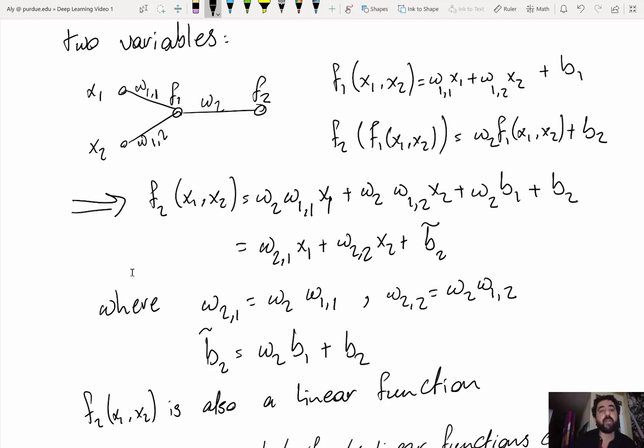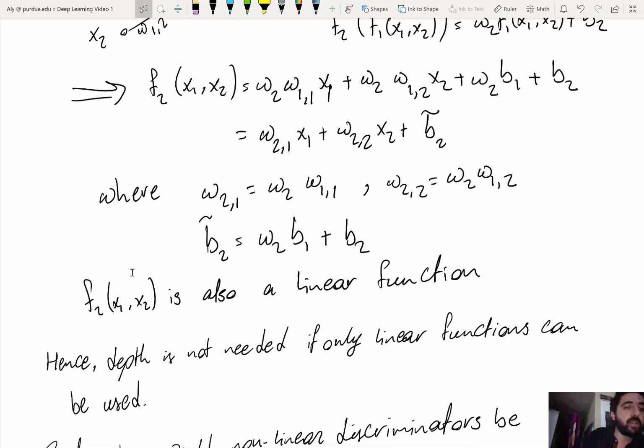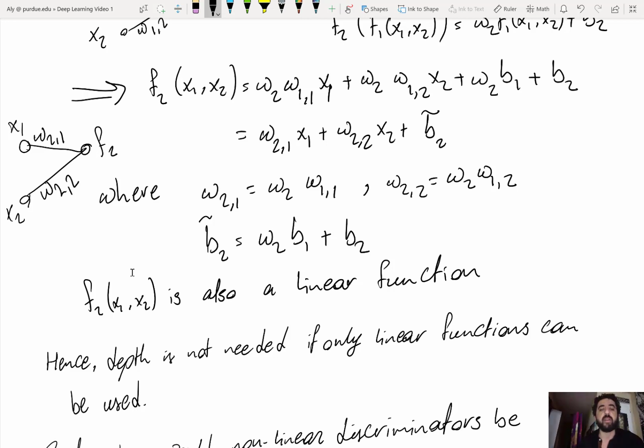Now I could have replaced this by just a single layer network where I have x1 and I have x2 and then I have f2 here and I have this new term w21 and this new term w22 and the new bias b2 tilde equal w2 b1 plus b2.